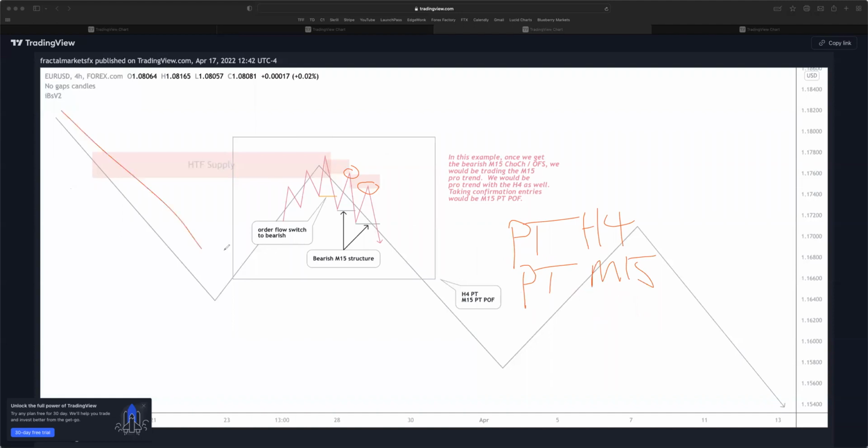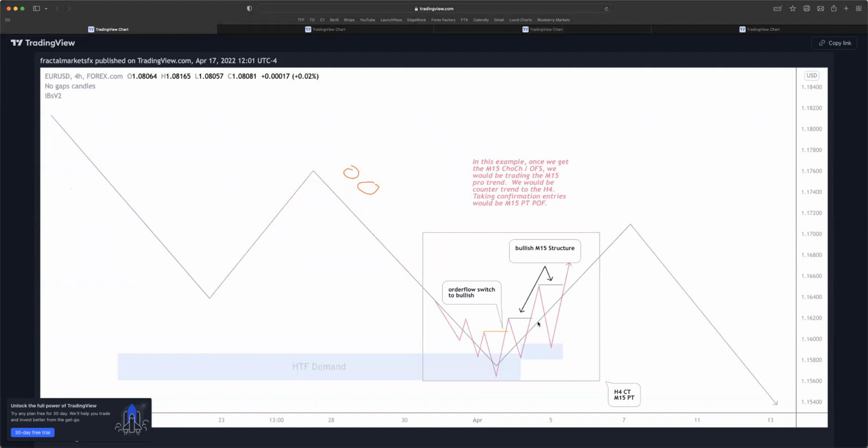Because higher time frame order flow is bearish, and M15 order flow has now realigned. Same thing. With something like this, the only difference is now our targets. When we were trading this one down in here, and we go back over to this one, all we're doing is adjusting profit taking. Is there anything else that is different about this in comparison with our pro trend H4 model?